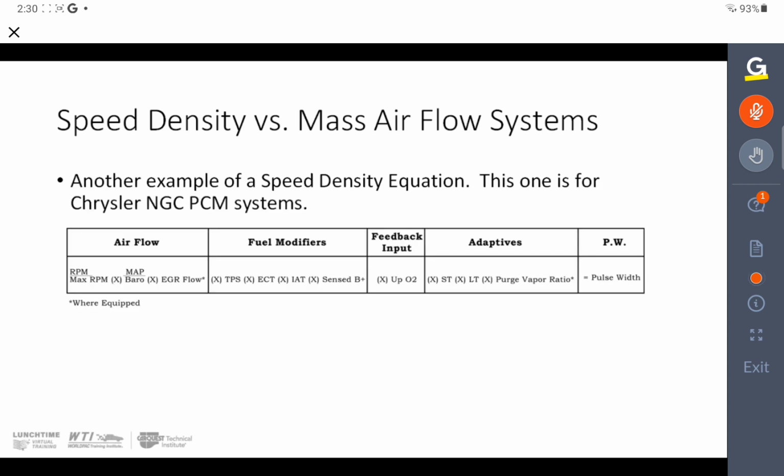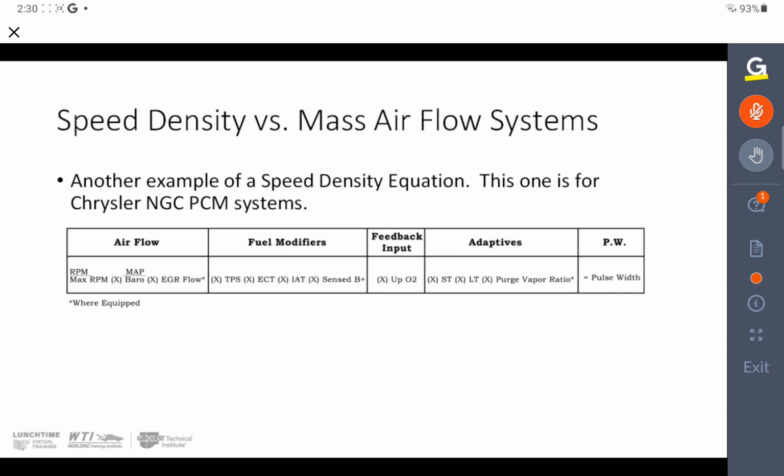Here's another example of that on another Chrysler. Same thing, we're looking at engine RPM and we're looking at the MAP sensor. In this part, the calculation of airflow, they also look at the EGR. The computer controls it, so it knows if the EGR is on and what it's doing to counter the change in MAP voltage that we would see when the EGR opens.